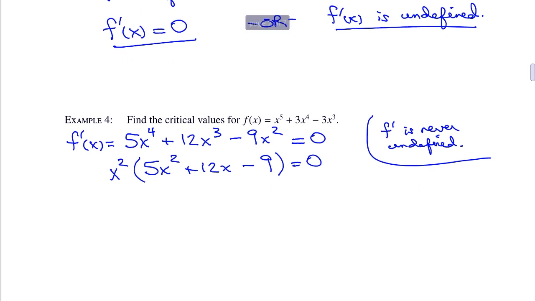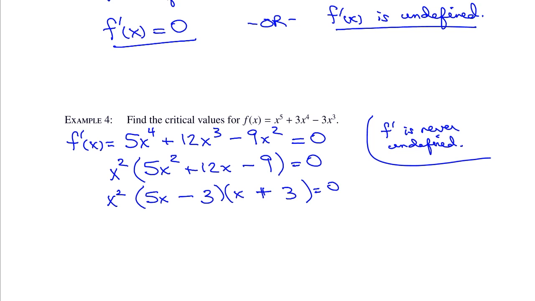Then we check to see if this is going to factor, and sure enough, we get 5x and x, 3 and 3. If I take the product of the outers, I get 15. The inners would be 3, and so since it's positive 12, I need the 15 to be positive, and the inner 3 to be negative.